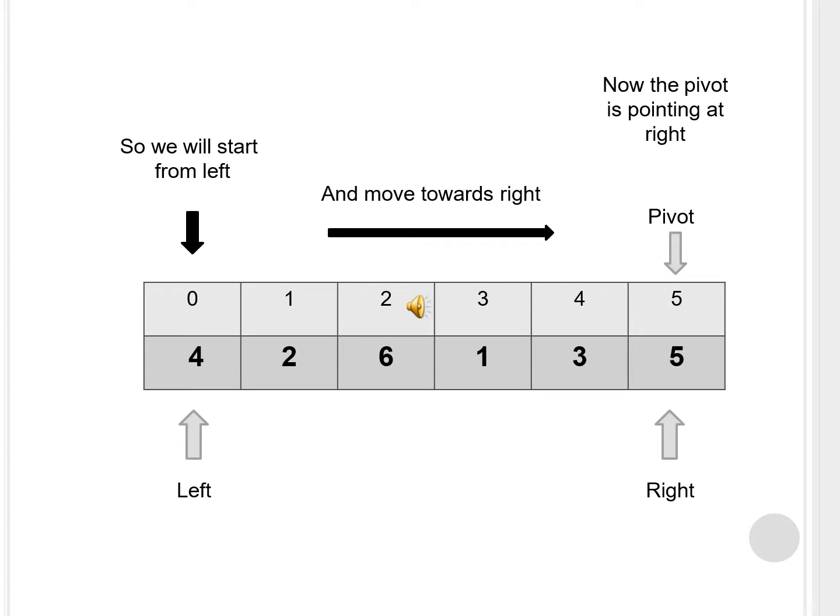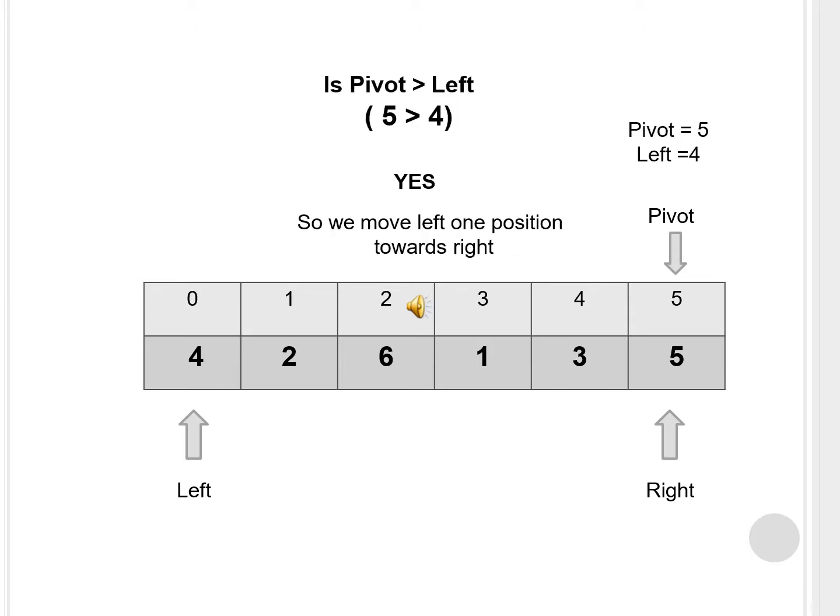Now the pivot element is pointing at right, so we will start from the left and move toward the right and check for any element which is greater than the pivot element. If any element is present, we will swap the position of that element with 5. 5 is first checked with the first element from the left, that is 4. 4 is smaller than 5, so there is no need to change its position.